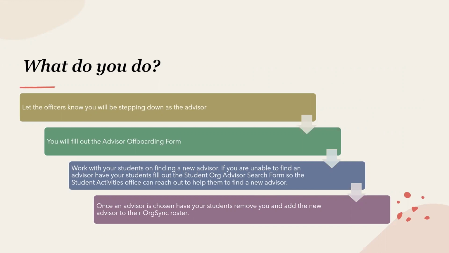If you're unable to find a new advisor, you will have your students fill out the student officer advisor search form so that Student Activities can reach out to them and help facilitate finding a new advisor. And finally, once an advisor has been chosen, make sure that your student officers remove you as their current advisor and add the new advisor so that their org roster will be updated, so they will get the new forms and not continue to go to you.